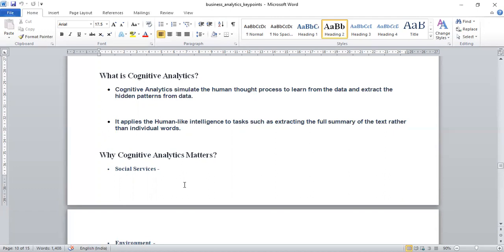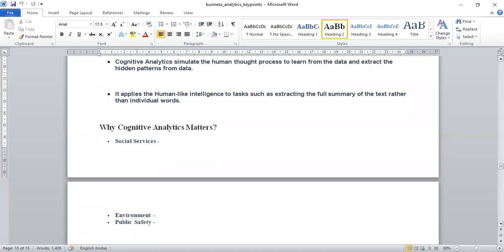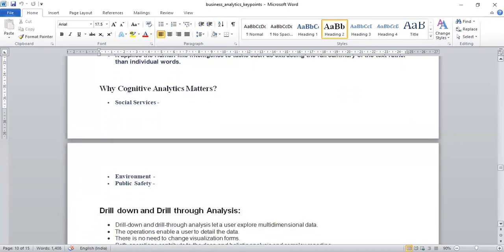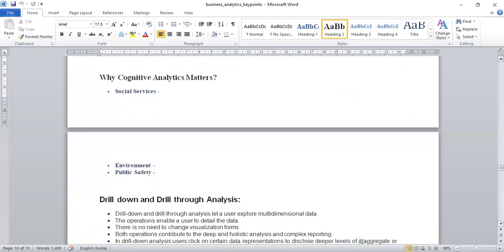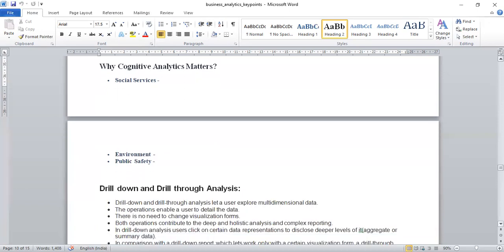It applies human-like intelligence to text, such as extracting the full summary of the text rather than individual words. Understood? And this is the area where cognitive analytics matters: social services, environment, public safety.